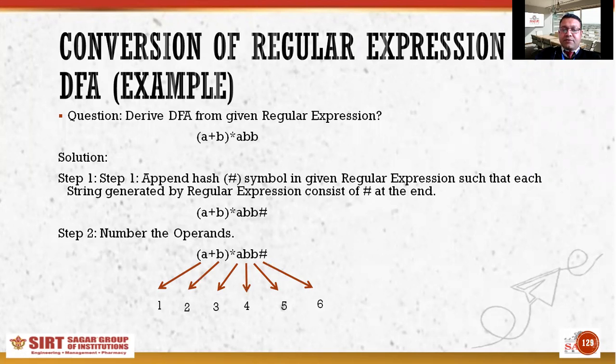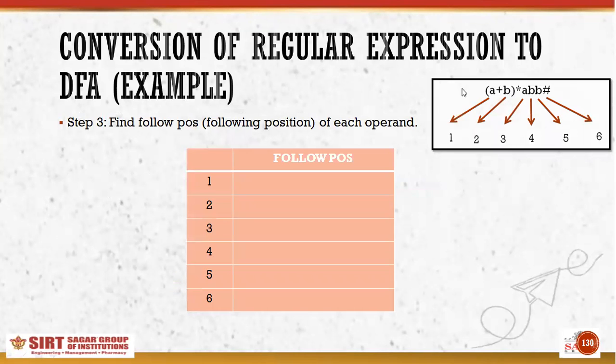Now in step 3, I said that I have to find the following position of all the operands. I have kept this numbering on the right-hand side of the screen. Now I will make a table for followpos, or following position, if I say it completely. So how am I going to find its followpos?